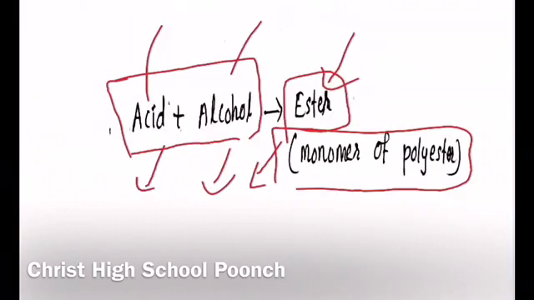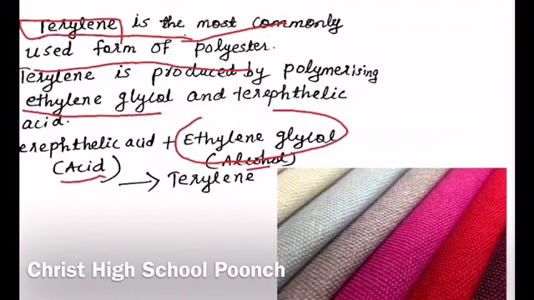We have seen that for the preparation of polyester, we need two chemicals, acid and alcohol. For the preparation of terylene polyester, which alcohol do we need? Ethylene glycol. And which is the acid used? Terephthalic acid.